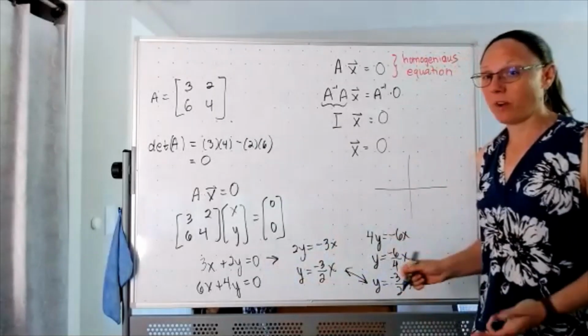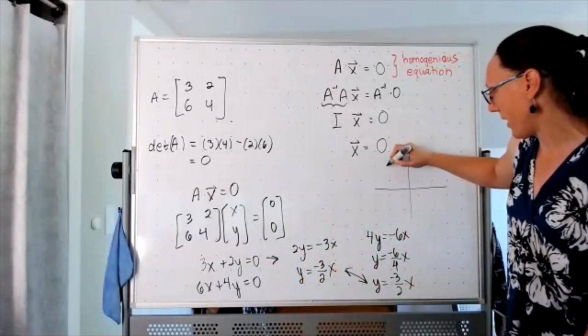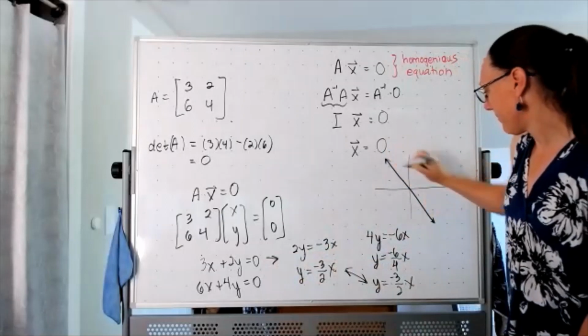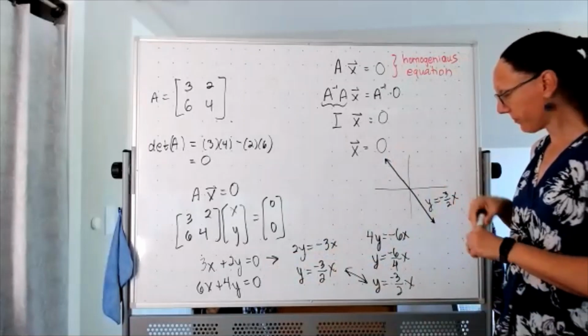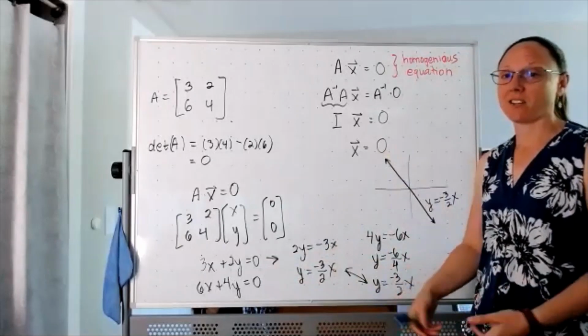In fact, any point that falls on this line, y equals -3 halves x, any point that falls on that line is a solution.